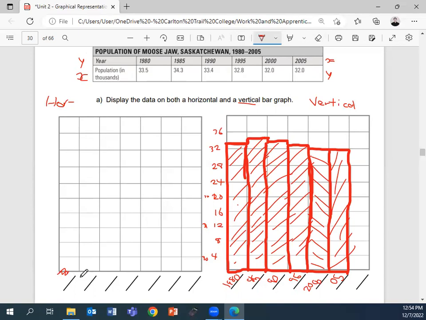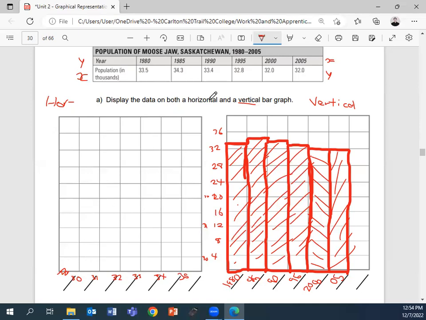The smallest value here is like 32, so why don't we start at 30 and then go up by one each time: 31, 32, 33, 34, and then 35. If you already started before doing that, that's fine. You can keep doing what you're doing. But this could be a nice way to enhance those differences a little bit better.